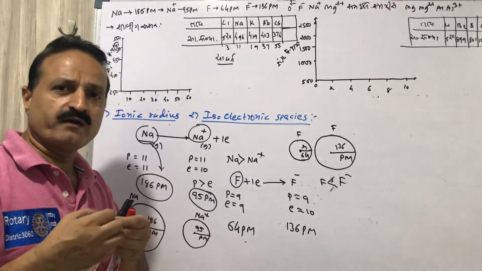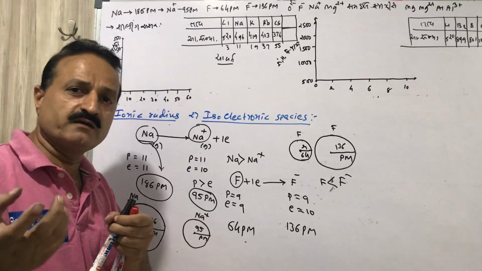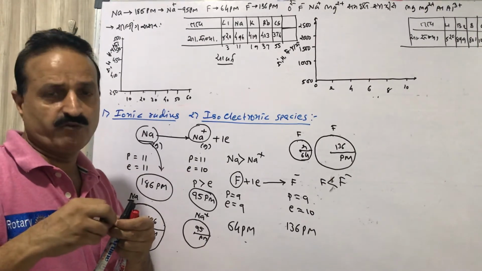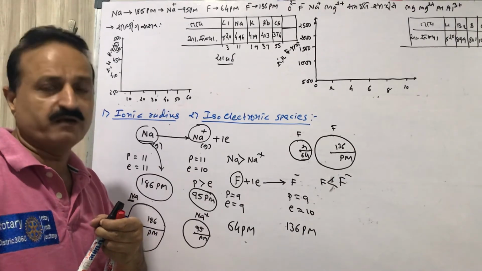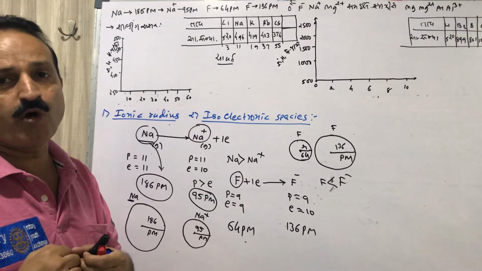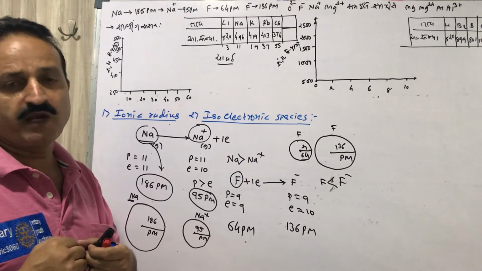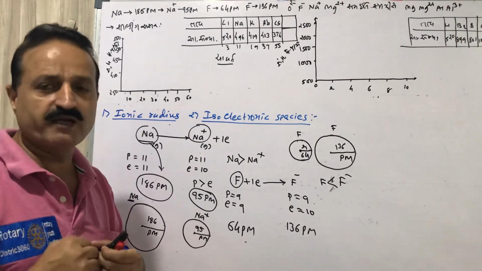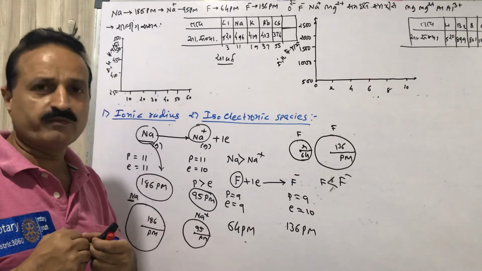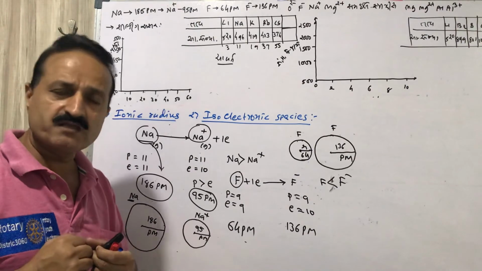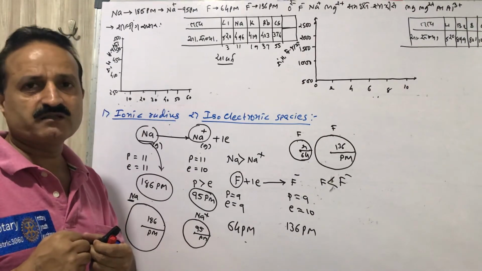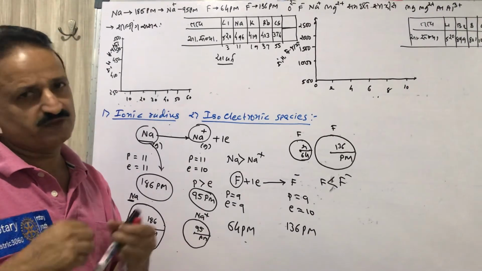In a negative ion, the number of electrons will be higher than the effective nuclear charge. It means the electrons will expand the size of the atom. So a negative ion always has a higher size than its parent atom, and a positive ion always has less size than its parent atom. Now it is clear.